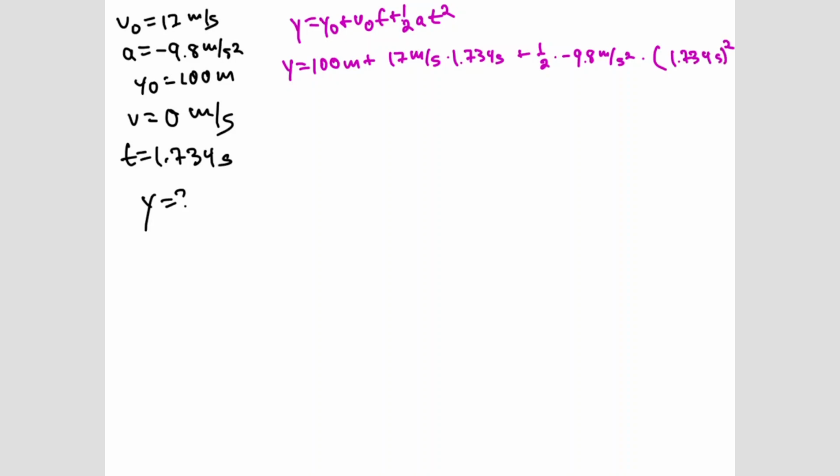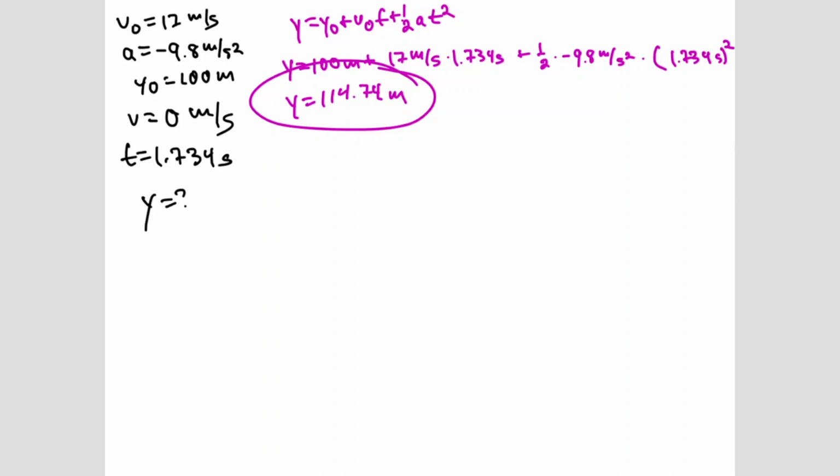I'm just going to throw this all into my calculator at once: 100 plus 17 times 1.734, plus 0.5 times negative 9.8 times 1.734 squared. This gives a maximum height of 114.74 meters. Now let's use UAM3 here.